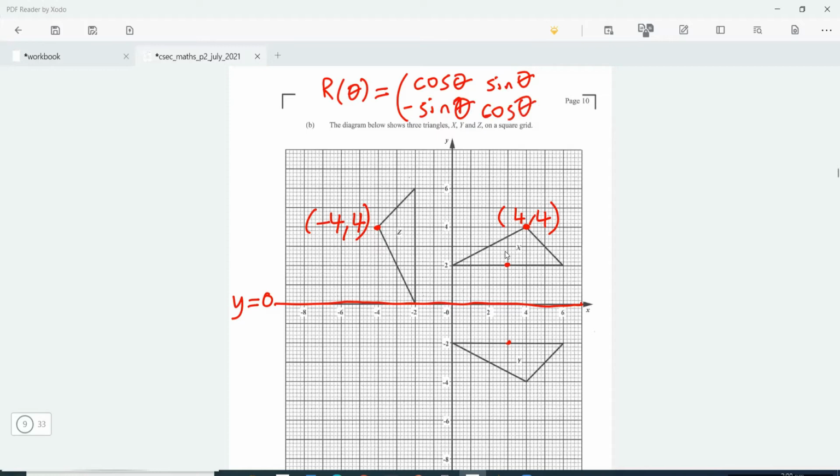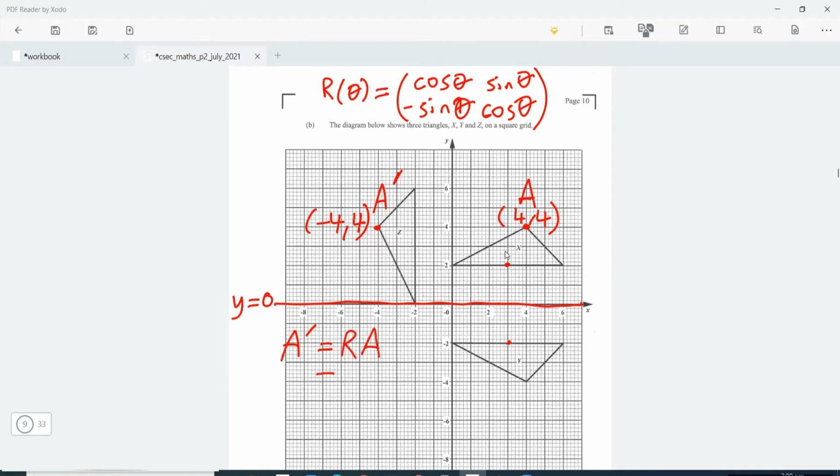So how does the rotation matrix apply? If you want to go from an object point, let's call this point A, to an image point A prime, always remember, the image point is equal to the rotation matrix times the object point.